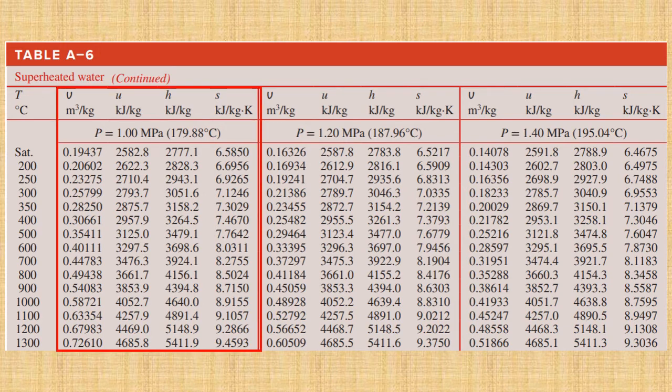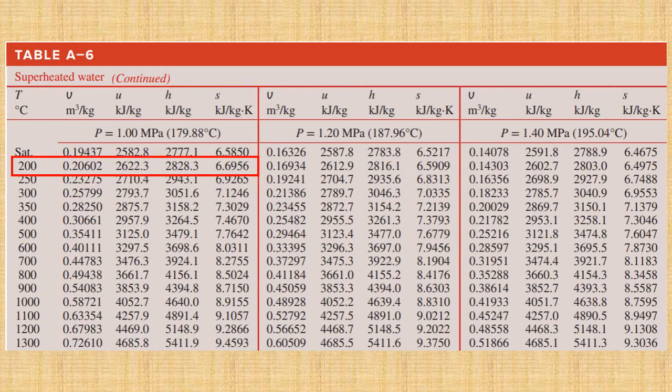Next, we can use the given temperature value of 200 degrees Celsius to determine that we need to look in this row. We need the specific volume for this pressure and temperature combination, so we look under the specific volume column.